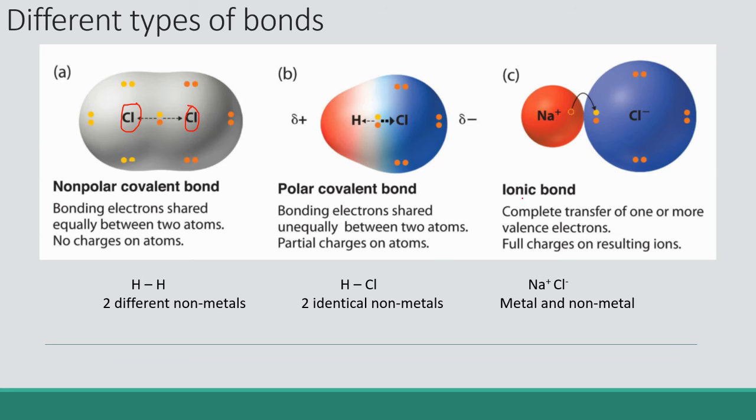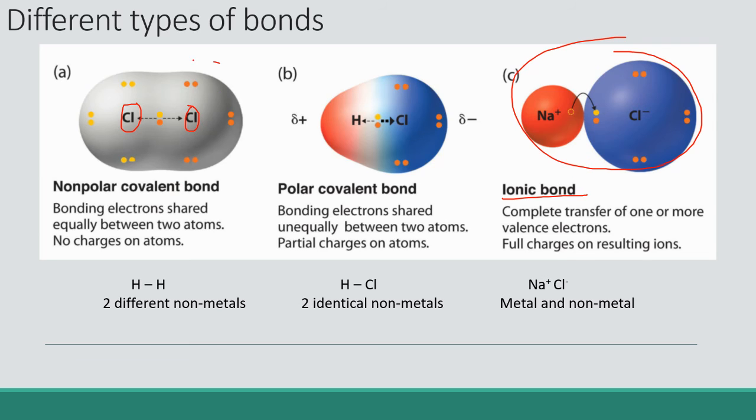On the other end, over here, the atoms are so different to each other that the sodium actually gives up its electron completely and forms ions. We talked about ionic bonds in earlier videos, so go back and check those if you're still not sure about ionic bonds.